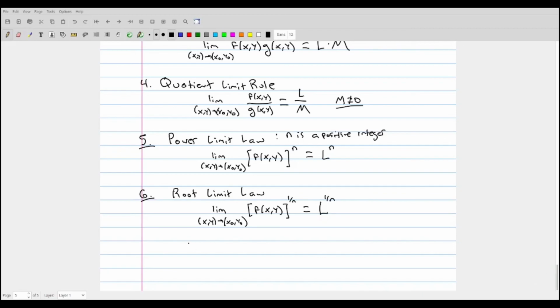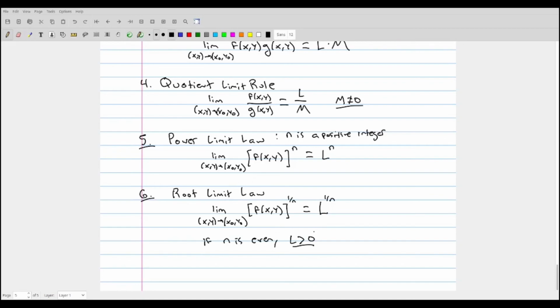Now, it is important to specify that n is a positive integer, and if n is even, we have to assume that L also has to be greater than 0 in order for this to hold, because you can't be taking an even root of a negative number in real calculus, because you won't get a real number. So that's an important specification.